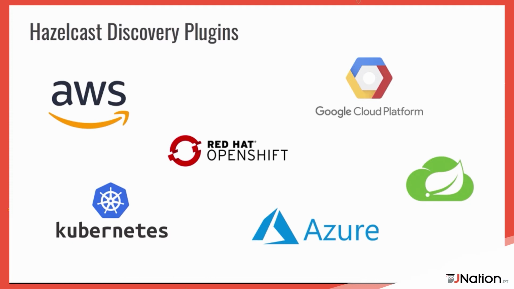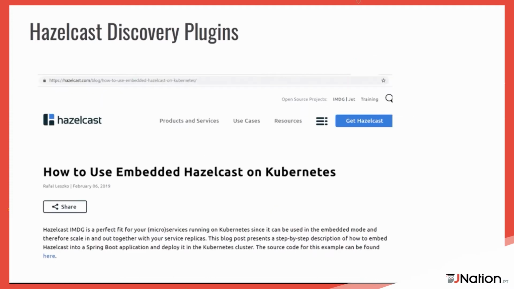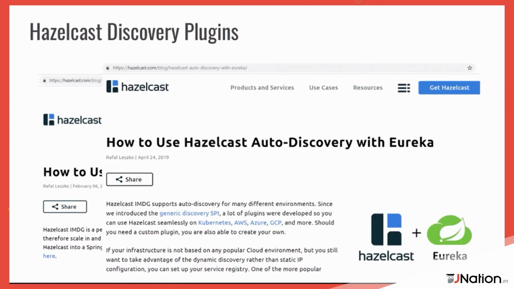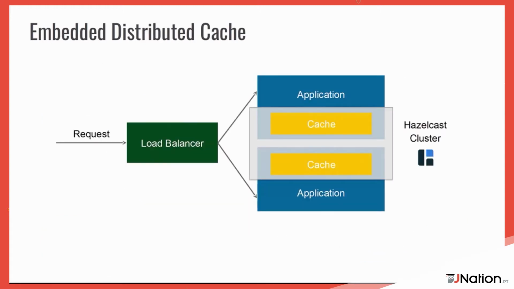If you're interested in details, we publish a lot of blog posts, so just find it on Google, how to set it up, for Kubernetes, Eureka, or wherever. So this is a solution for embedded cache and embedded distributed cache.